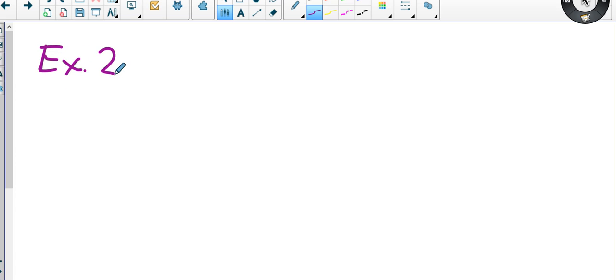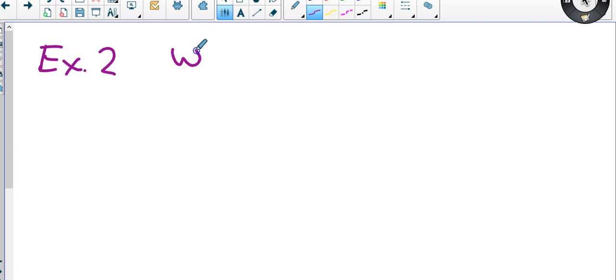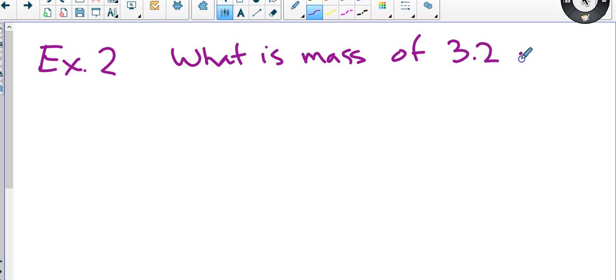Alright, here's example 2. Write it down. So, what is the mass of a 3.2 mole sample of, I don't know, let's say fluorine gas.